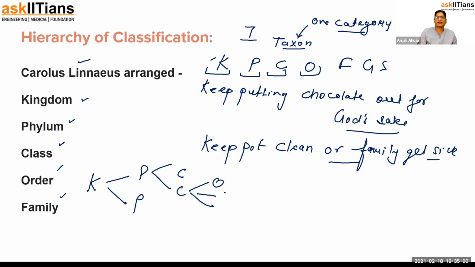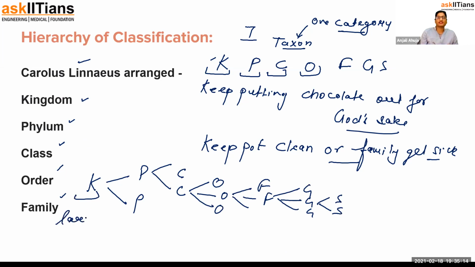A class is categorized into orders, and an order is further categorized into families, and then a family is further divided into genera, and then a genus is further divided into species. Right? How do you have to define? Kingdom is the largest category in the hierarchy of classification. Clear? For example, kingdom animal, kingdom plant, kingdom fungi, kingdom protista, kingdom monera, all that.